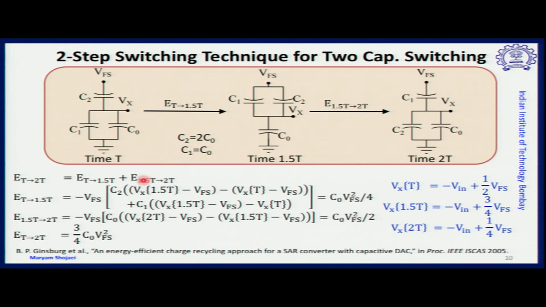Now if we calculate the energy transition, it will have two energy consumption steps: one when we go from t to 1.5t, and one when we go from 1.5t to 2t, in contrast to the standard traditional technique.